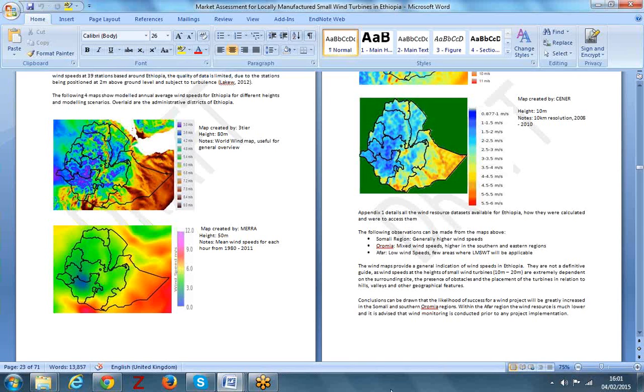So just find a site where you can easily access to do the maintenance and the testing, and also to fit the system better to the local conditions.